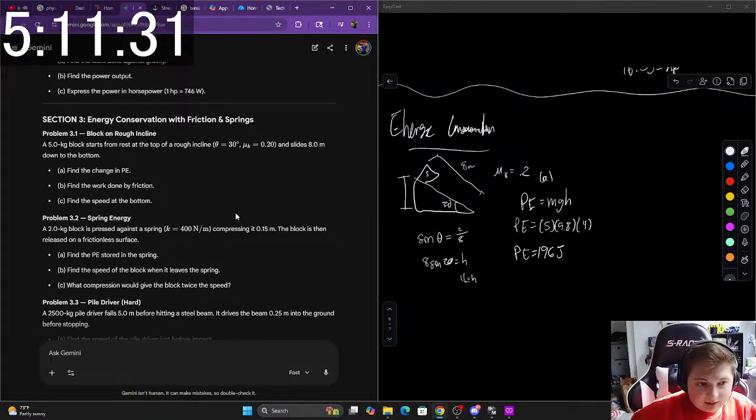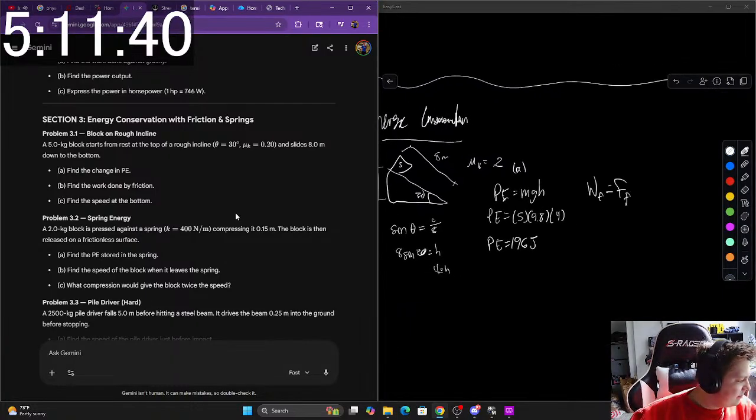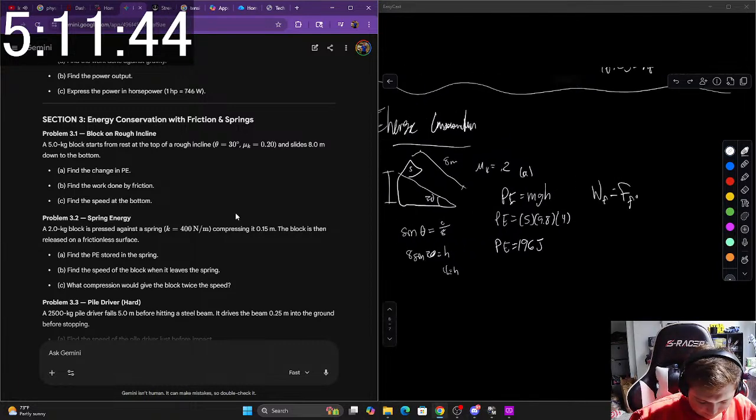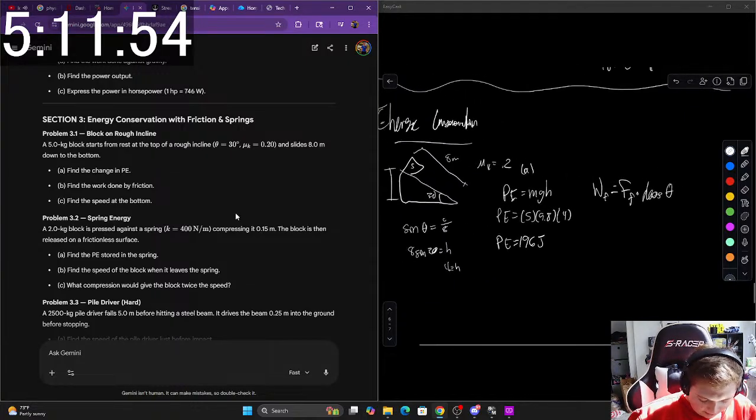Okay. B, work done by friction. Work done by friction equals the frictional force times the displacement. It does say cosine theta. Yes, because friction is going to be at an angle, so that will be important.